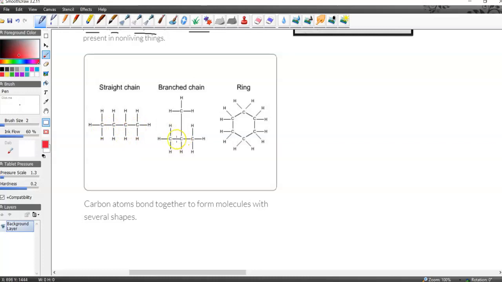You can have carbon chains that branch. So we have this backbone of 3 carbons here with a carbon branching off. You can form ring structures with carbon: carbon, carbon, carbon, carbon, carbon, carbon, with H's coming off of all the carbon. Because carbon can form straight chains, branched chains, and ring structures, it can form many, many molecules with several shapes.